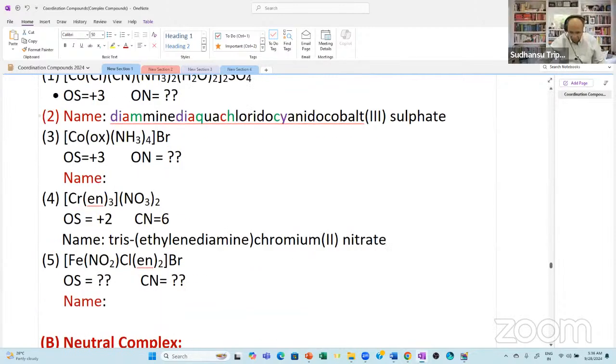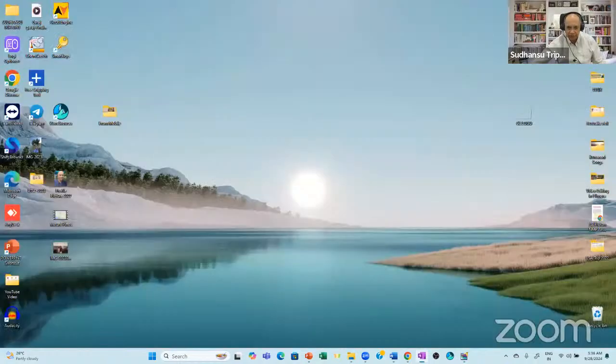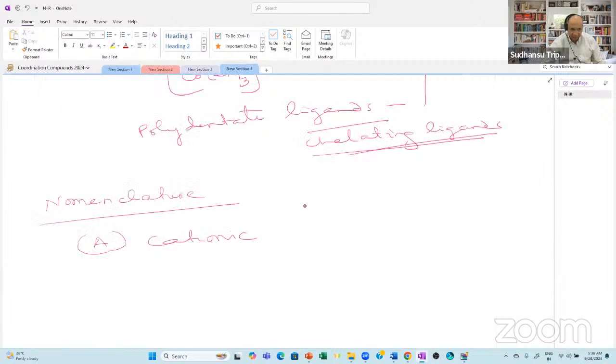Okay. Now, our most important part, before we start isomerism, which we will be doing today, we shall be taking up nomenclature, cationic type of complex, where the complex is a cation.